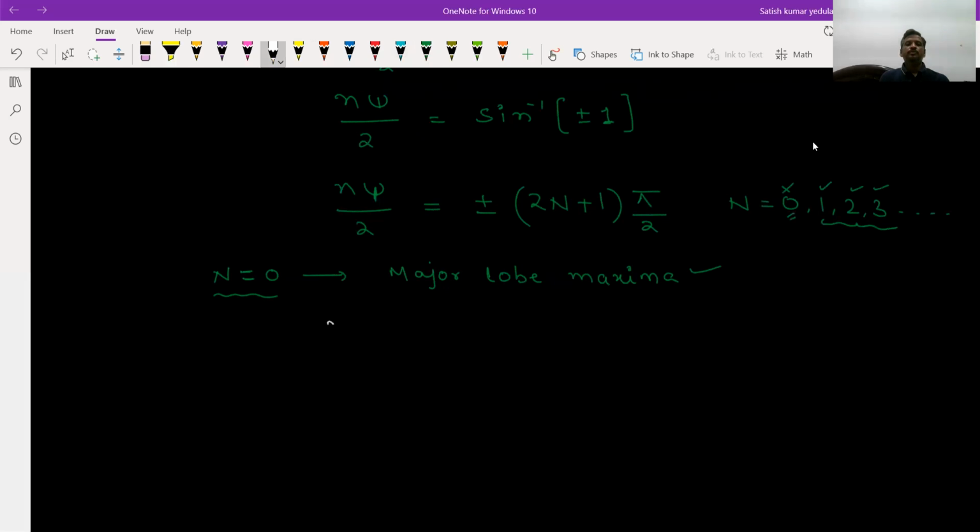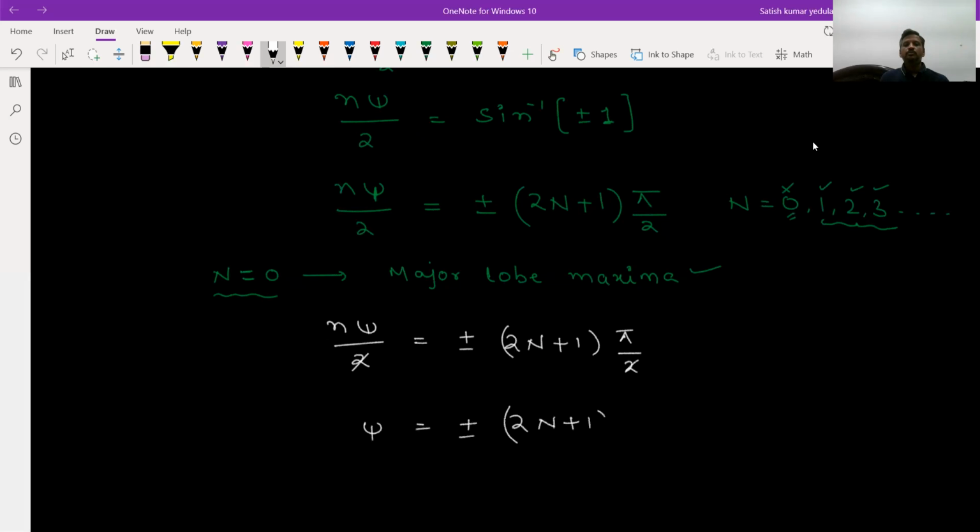So n psi by 2 will be equal to plus or minus 2n plus 1 into pi by 2. Don't substitute n equal to 1 now itself; we'll do that for finding the angles for a particular array. Here 2 gets cancelled, and psi will be equal to plus or minus 2n plus 1 into pi by n.